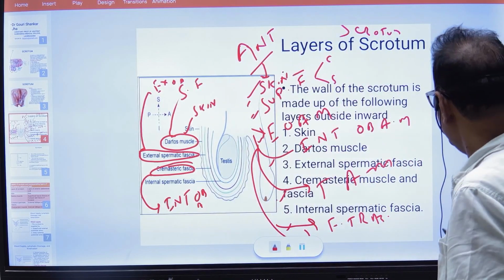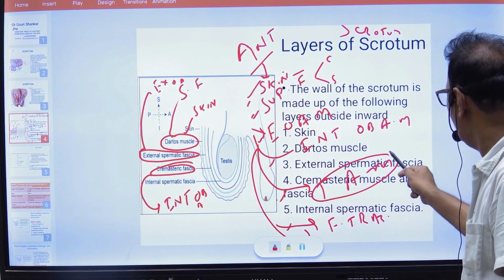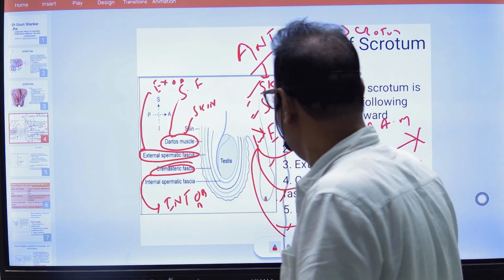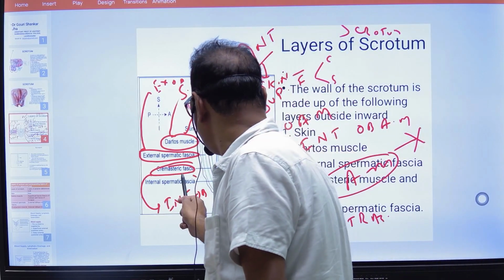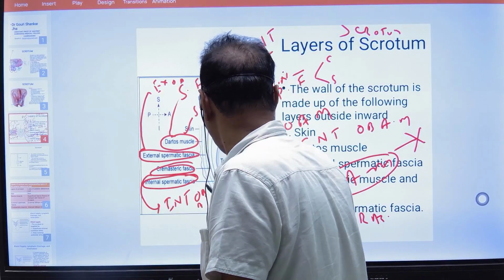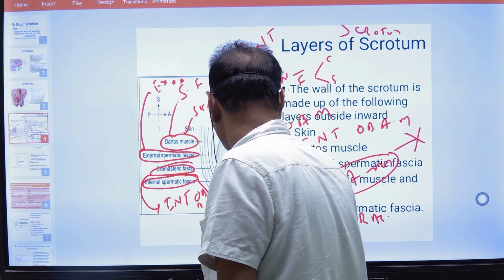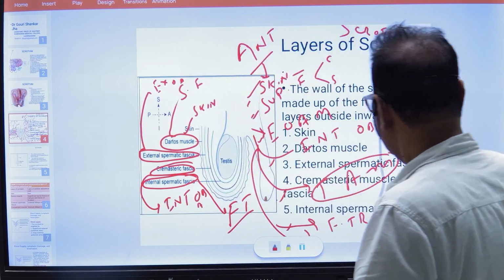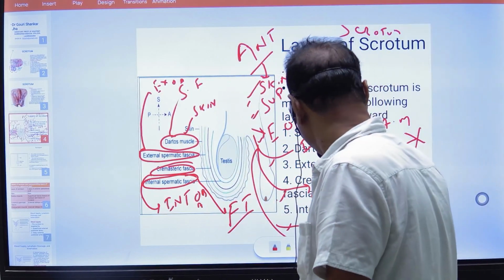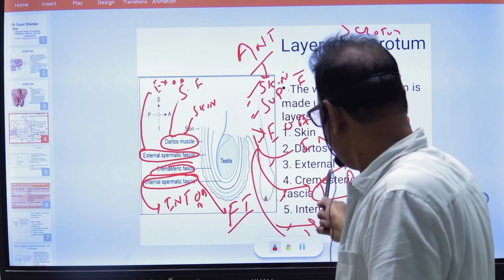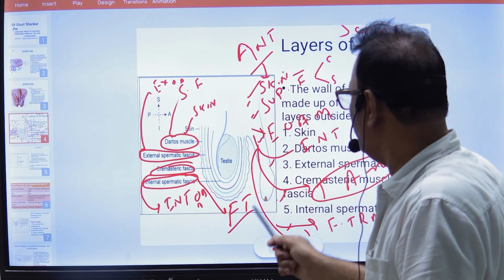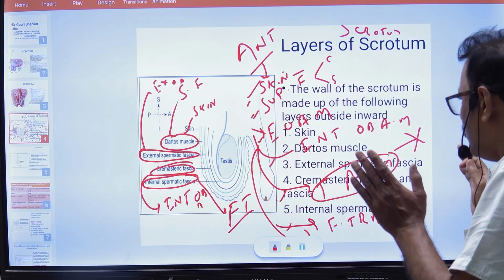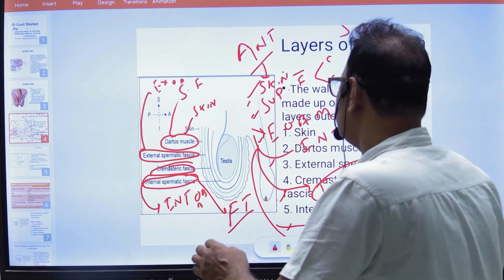What about the transversus abdominis muscle? It will not give rise to any structure. No structure comes out from it. The internal spermatic fascia will come from the last structure, the fascia transversalis.